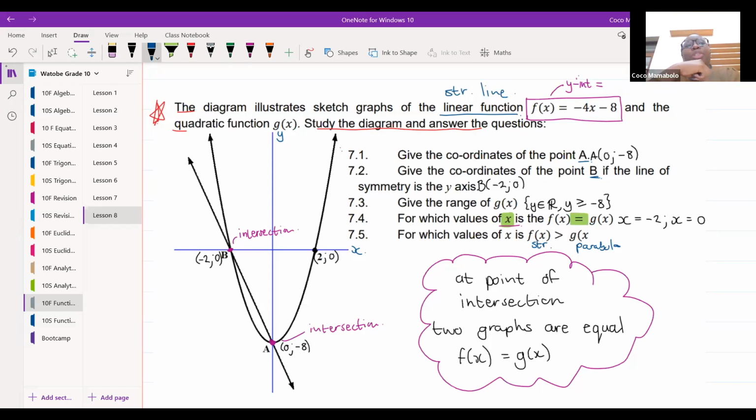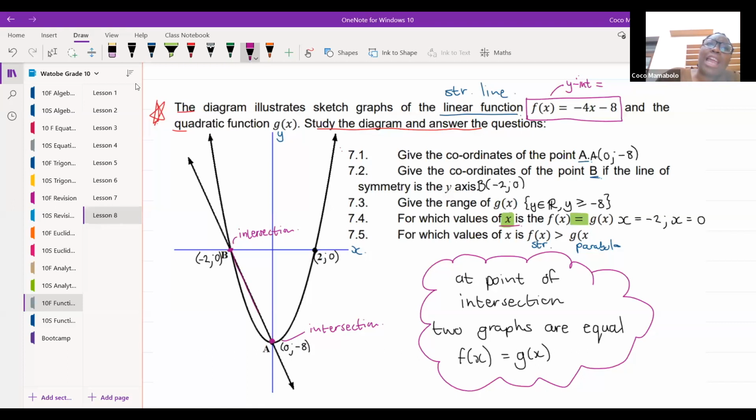Can anyone see it? Yes, Mamelo, one of my points is at A. My straight line is above my parabola between 2 points. Which 2 points is that going to be, guys? Between which 2 points will my graph be bigger? Yes, good, Michael, that's it. Between A and B, right?